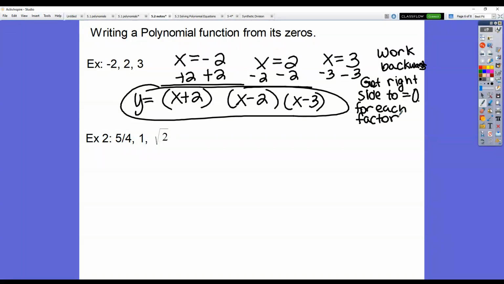On this next one, again, set each of them equal to 0. Okay, this one's a little different. We could just say, okay, we're going to subtract 5/4.